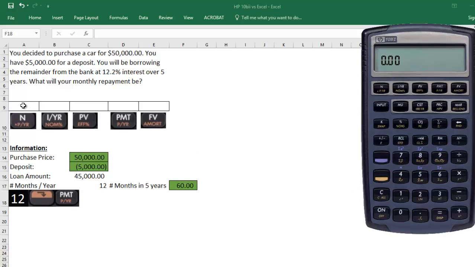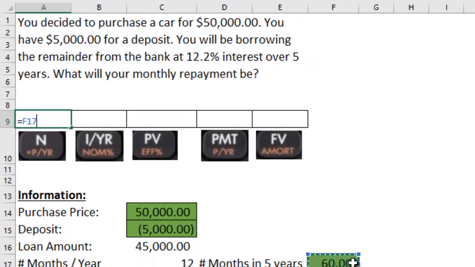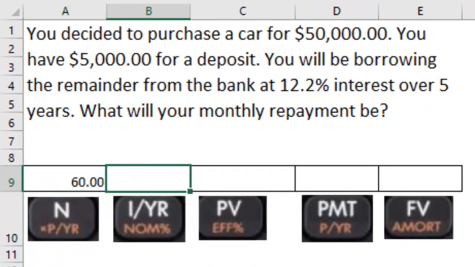Let's go and put our information in. We know that it is going to be 60 months. You can either type 60 in or use a link to what we've already calculated. We know our interest rate per year is 12.2%.